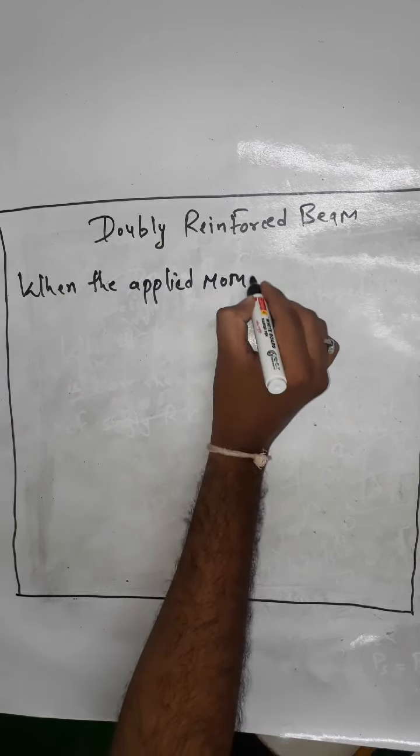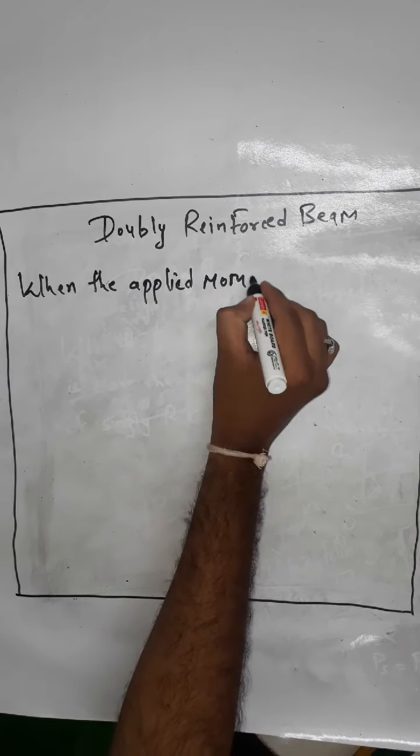This beam is known as a doubly reinforced beam. Means when the applied moment on the beam is more than the moment of resistance of a singly reinforced beam, we provide reinforcement in the compression side also. This type of beam is known as the doubly reinforced beam.